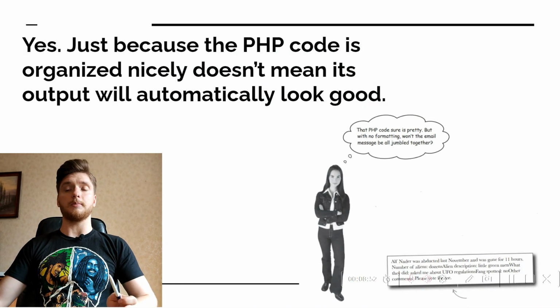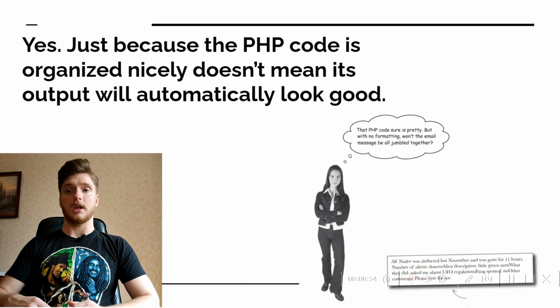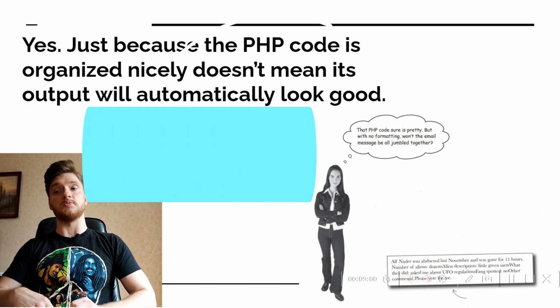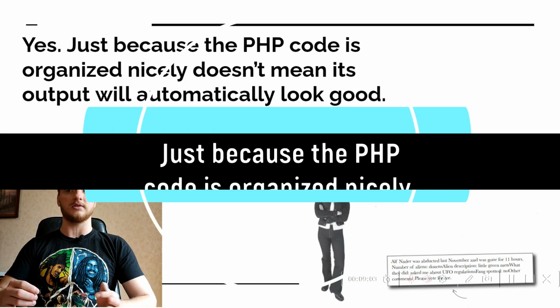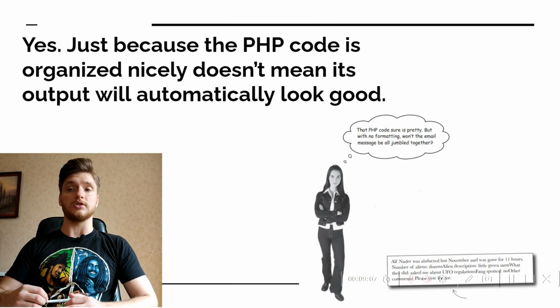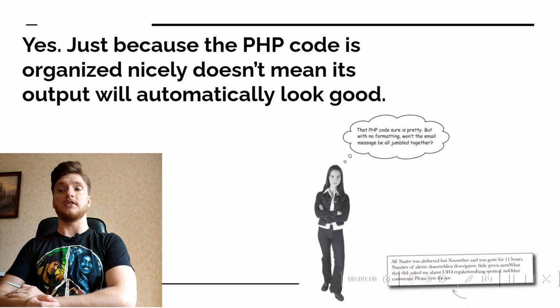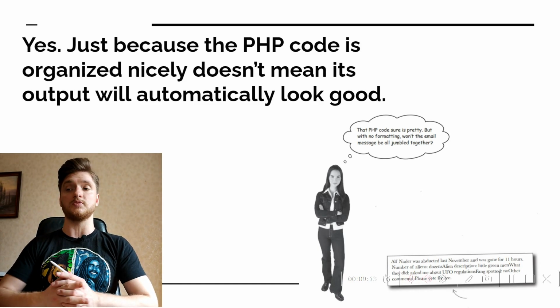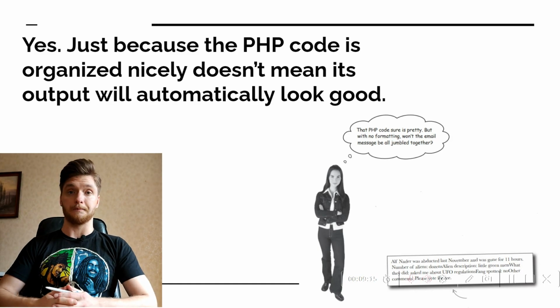Okay, that PHP code sure is pretty, but with no formatting, won't the mail message be all jumbled together? Yes, just because the PHP code is organized nicely doesn't mean its output will automatically look good. Organizing PHP code so that you can better understand it is completely different than formatting the output of PHP code that a user will see.